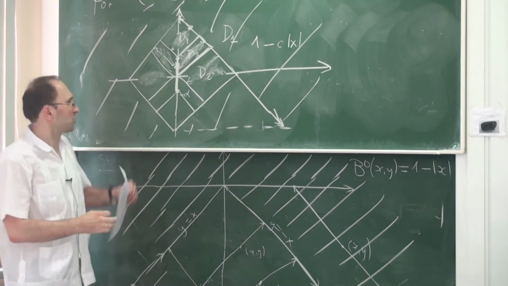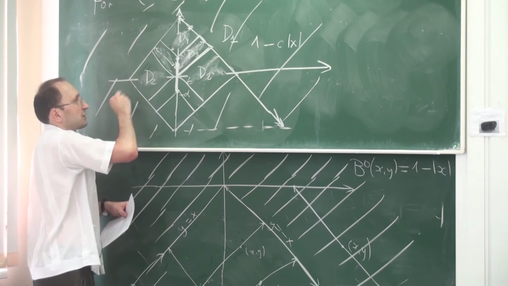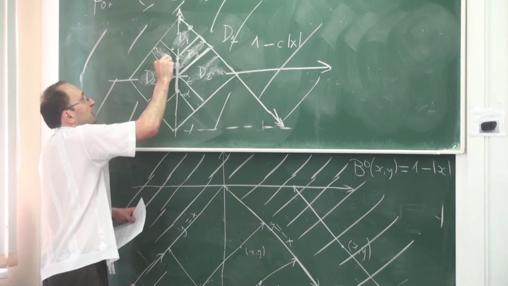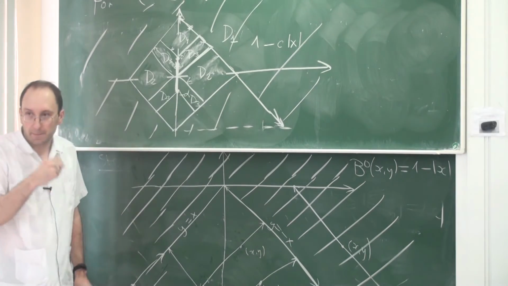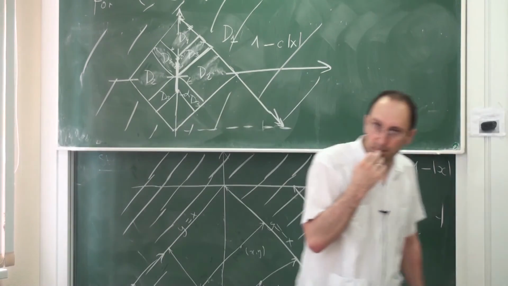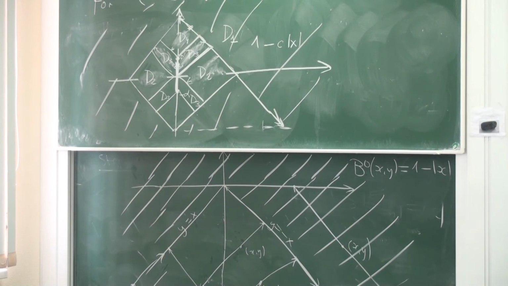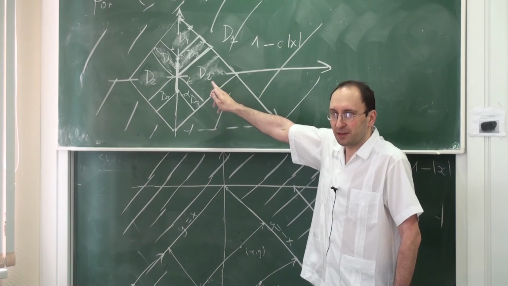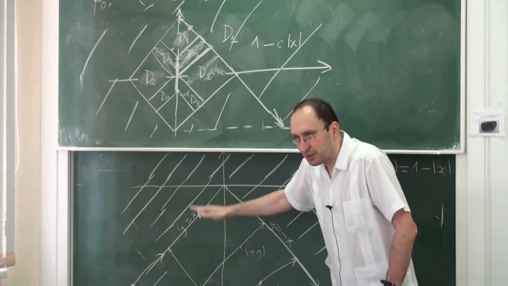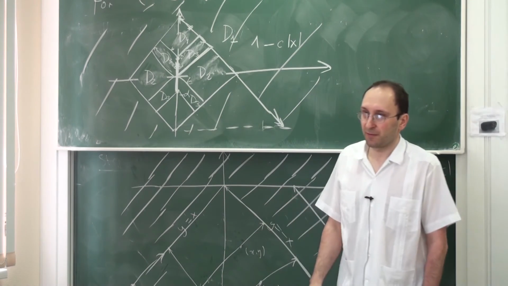All right? And also, this thing is also D2 because it's just the symmetric version. This thing is also D3. This is D3. This is D3. So actually, you see that there's nothing new here. It's just the symmetrized version of this Bellman function.